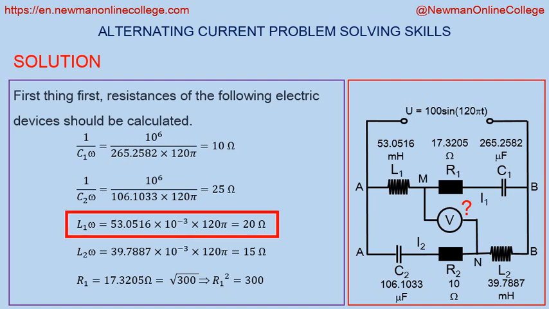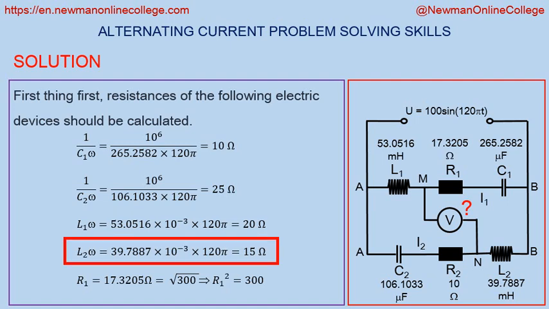L1ω equals 53.0516 times 10^-3 times 120π, which equals 20 ohms. L2ω equals 39.7887 times 10^-3 times 120π, which equals 15 ohms.